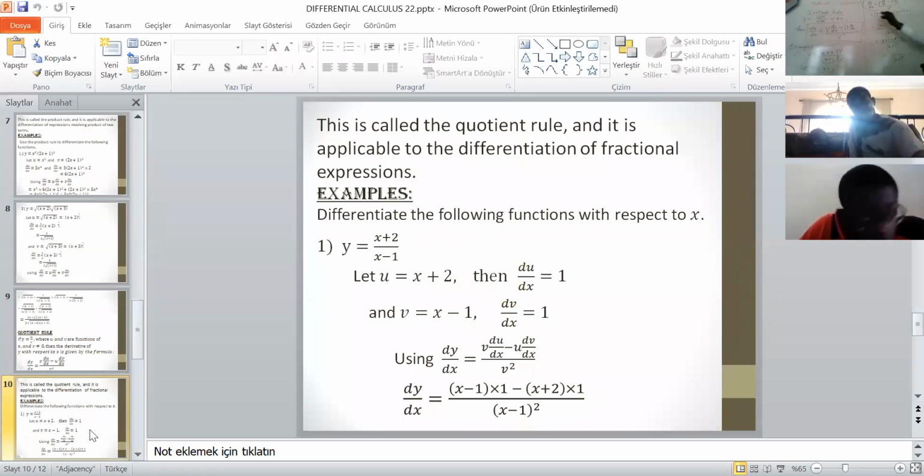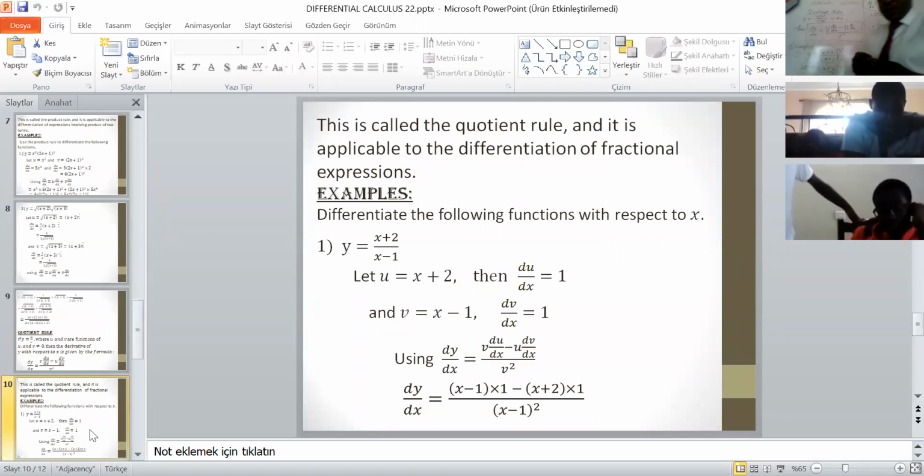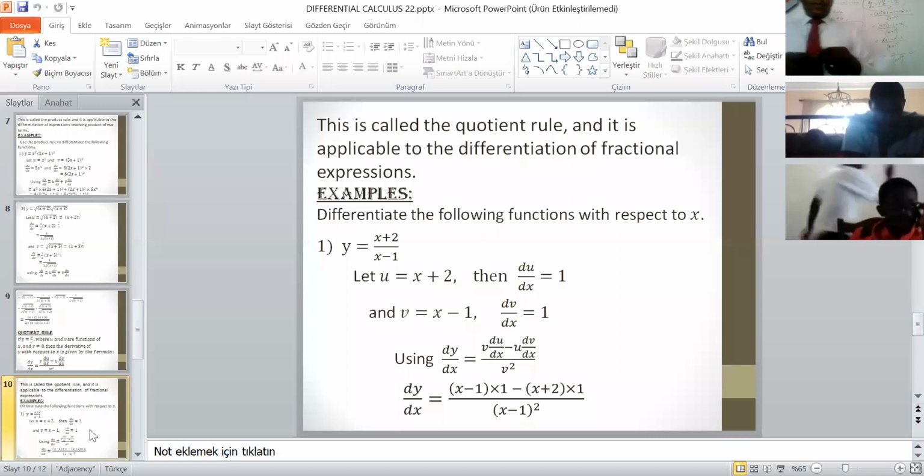So this is x plus 1, then minus x plus 2 in brackets, all over x plus 1 all squared. So that means x plus 1, minus 1 times x minus x, minus 1 times 2 is minus 2, all over x plus 1 all squared. X minus x is 0, that's why you're having this. So 1 minus 2 is minus 1. So you have minus 1 over x plus 1 all squared.